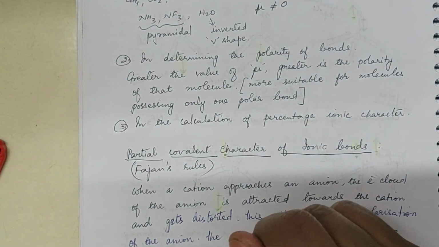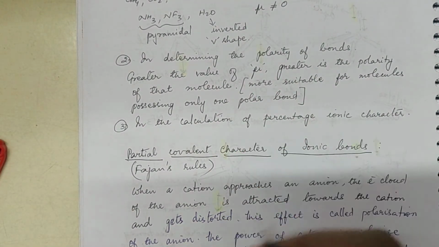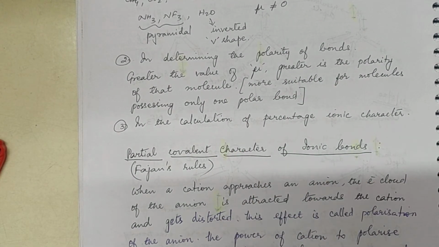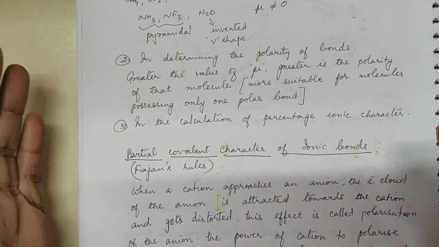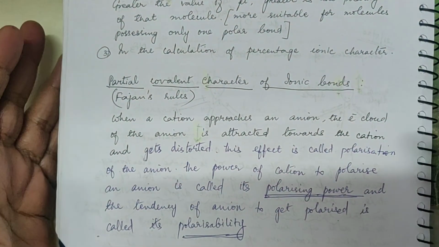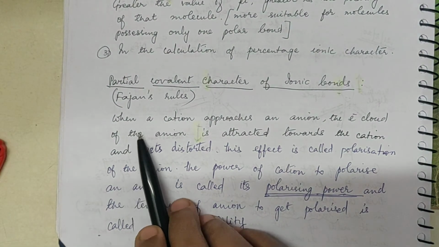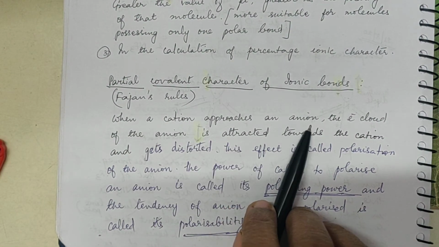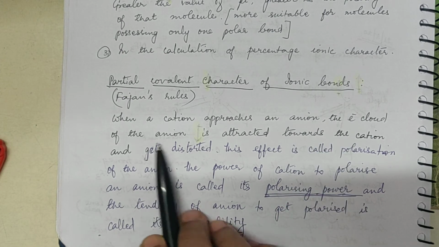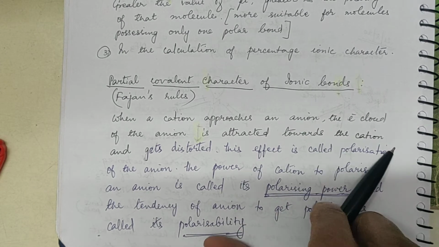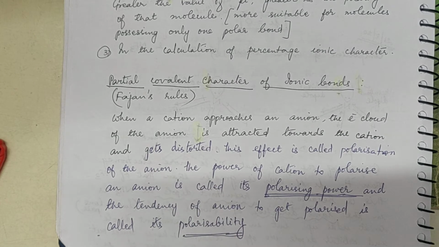Now we are going to see the partial covalent character of ionic compounds. Just the opposite we are going to see. And this is explained by means of Fajan's rules. Now what does it state? When a cation approaches an anion, the electron cloud of the anion is attracted towards the cation and it gets distorted.